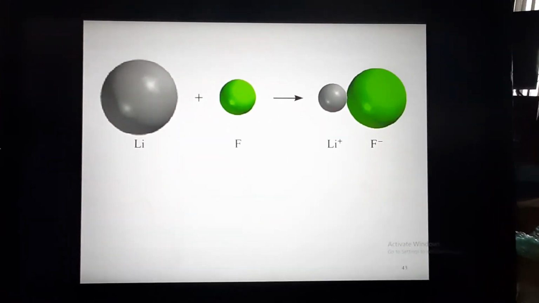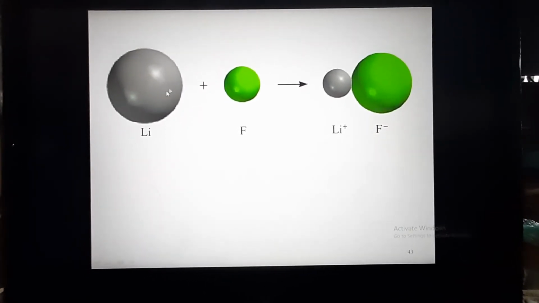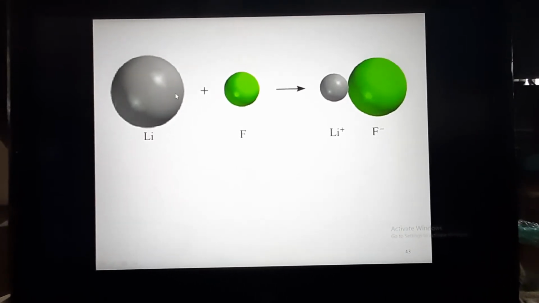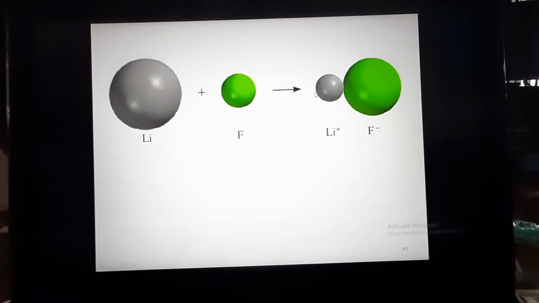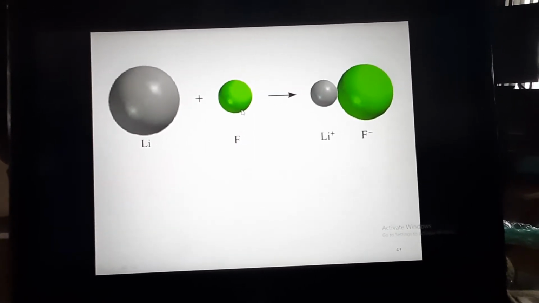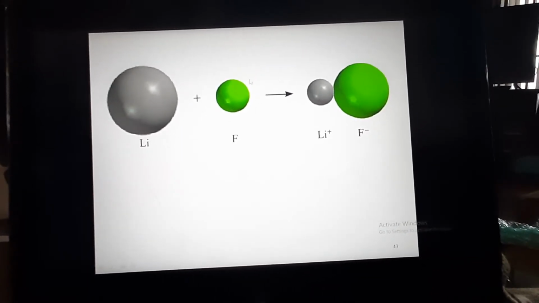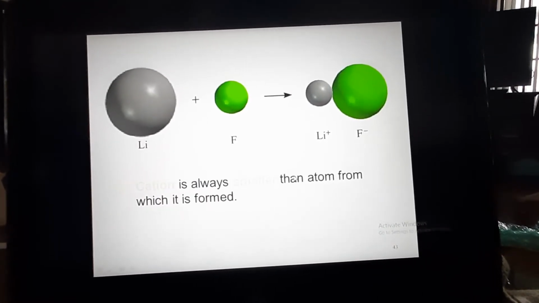Here is an example of lithium and fluorine. Originally, lithium is large and the fluorine is small. When the lithium loses an electron, there's less repulsion, so it actually gets smaller in size. But the fluorine takes on that extra electron, so those electrons get to push away from each other and make the fluorine larger.